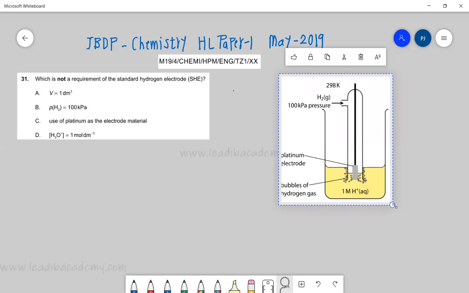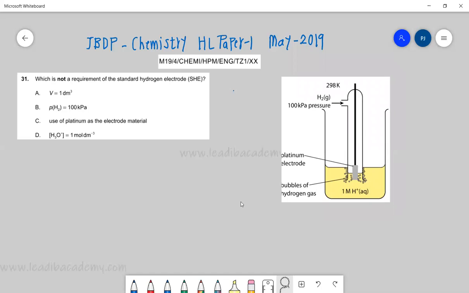This is how you can think of the conditions of SHE. Definitely it specifies the temperature, 298 Kelvin.